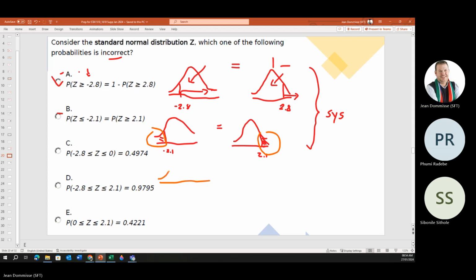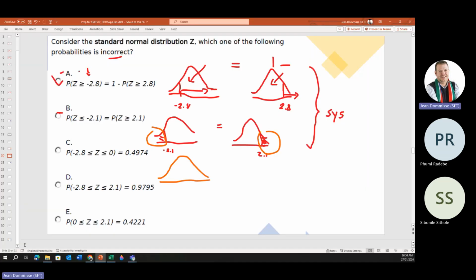Z between certain things. Okay, so Z is smaller than 0, but bigger than minus 2.8. Okay, so you're looking for that area.